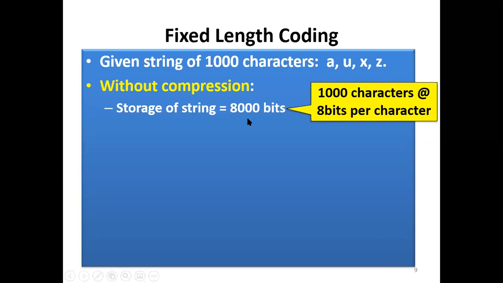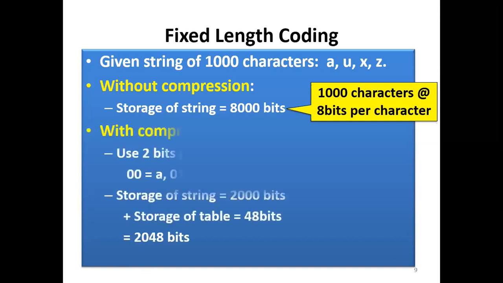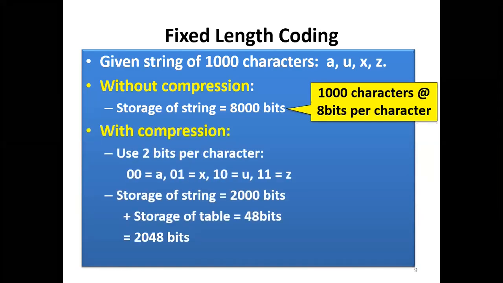But if we compress this data, we can represent the characters using 00 for A and 01 for Z, then 10 for U and 11 for X.